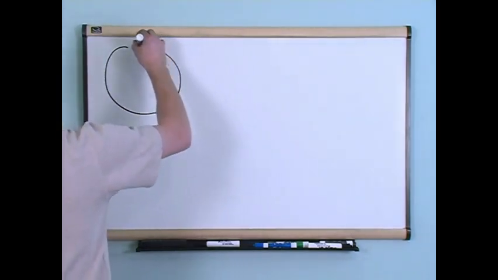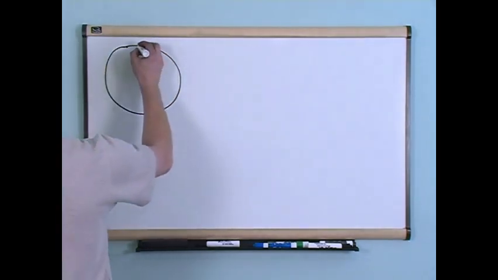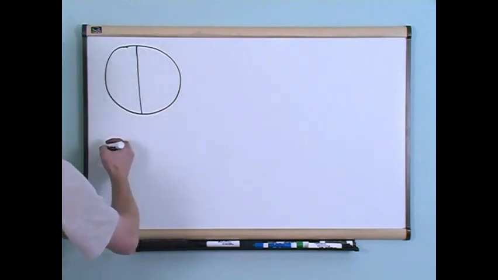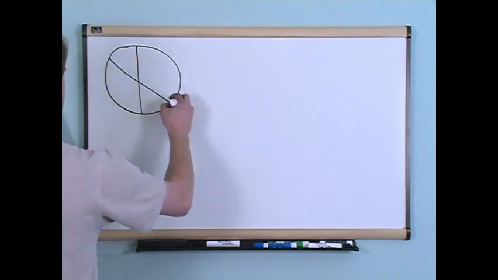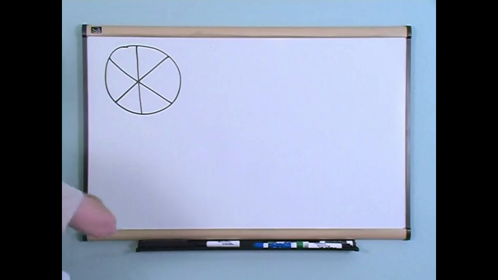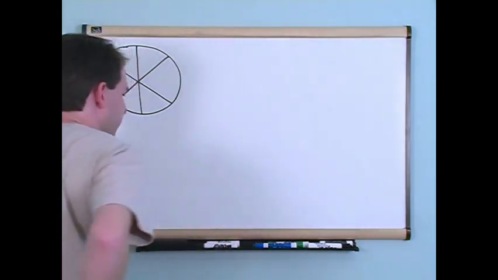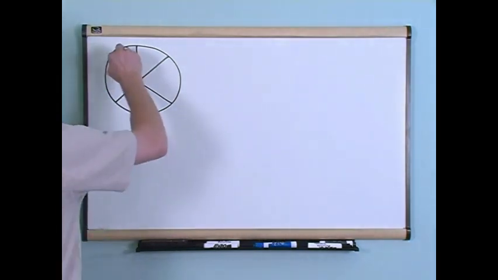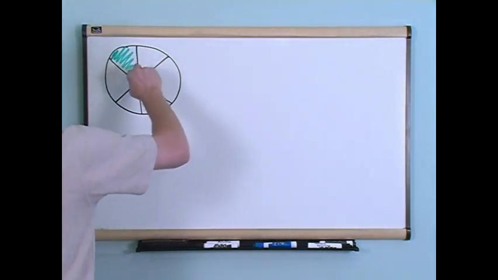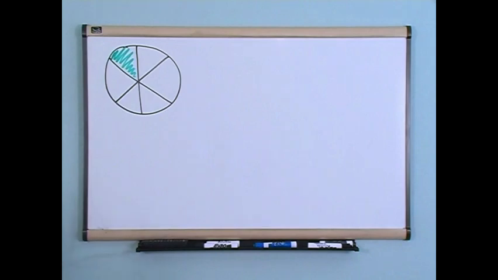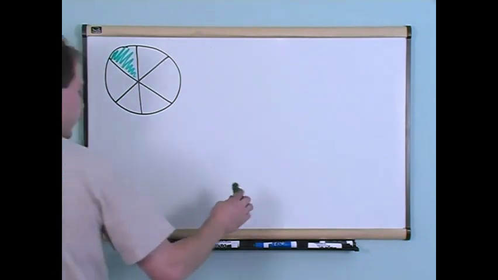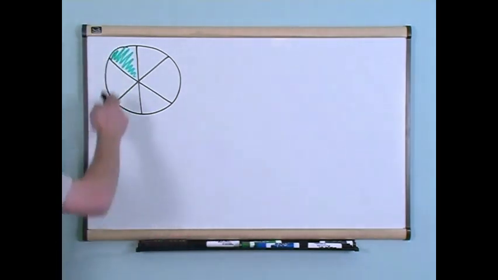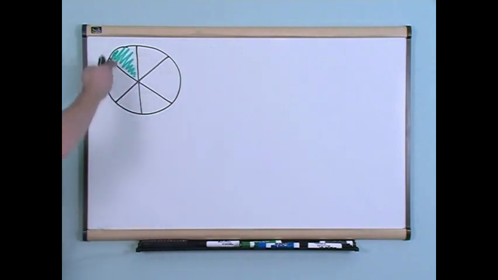Here's my pie, and I'm going to draw this, and I'm going to ask you what the fraction is, okay? Here's my pie, and I'm only going to take this much of it. Question is, what is the fraction represented by this? Okay, first thing you have to ask is, how many pieces do you have, and how many total pieces are there?